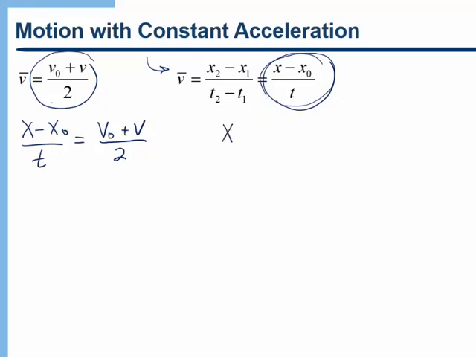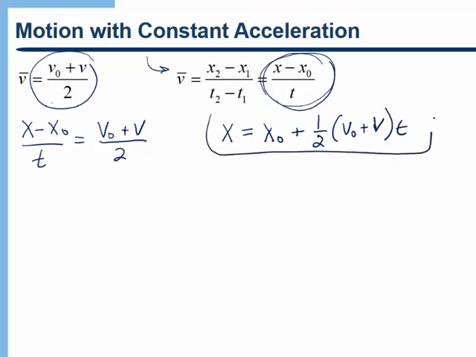So I'm doing two steps at once. What I end up with is x is equal to x naught plus 1/2 times v naught plus v times t. And that is a second of what are going to be 4 kinematic equations.